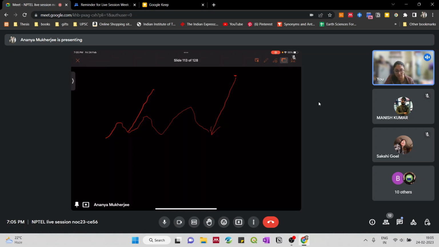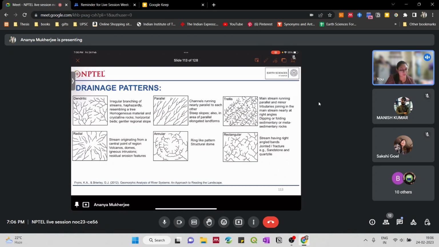Because these are elevated and sloping, the smaller streams will go like this and form a 90-degree angle. The main channels or streams are closely situated, so they will form almost parallel.